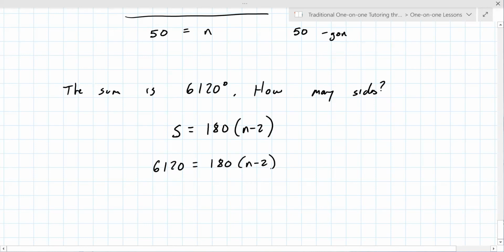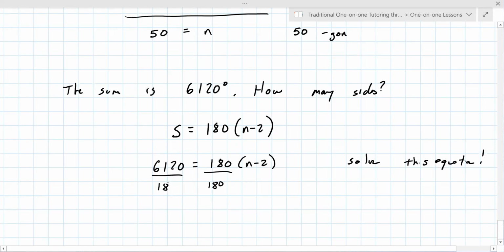What is the first thing to undo when solving this equation? A multiplication into division.